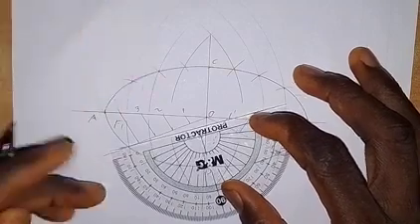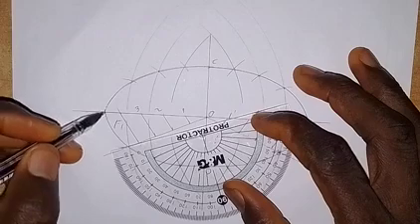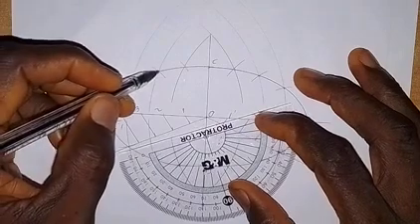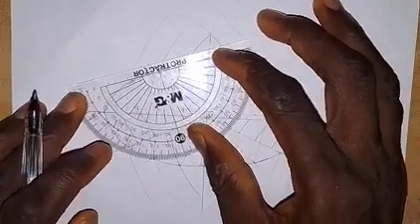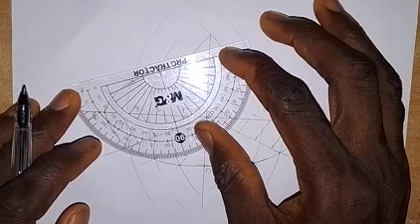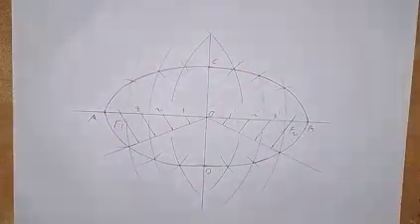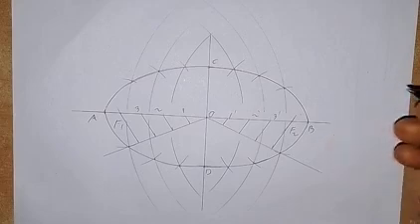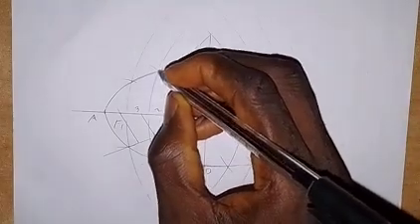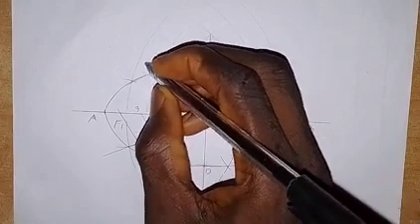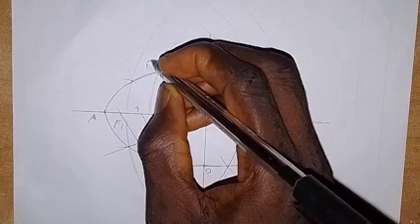After this point A, we have points, this point and this point. I want to put the point here. With my protractor set, this angle 120 is not clear to me, so I'm just going to omit that. But I'm going to put a point here. So I will call it point P.